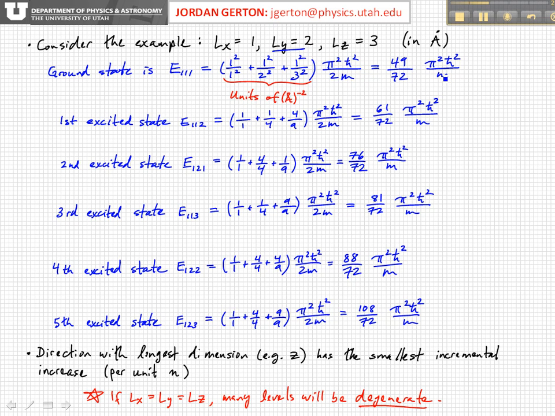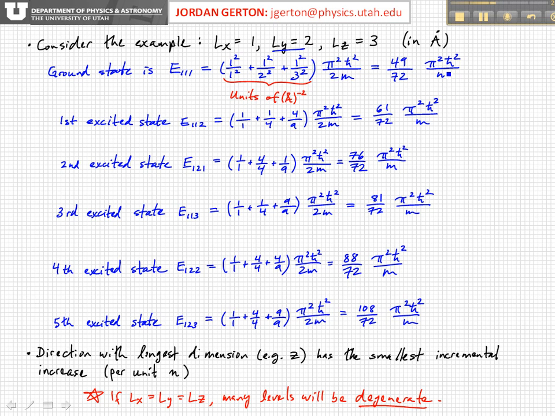Okay, it's not obvious which will be the first excited state, because since we have different dimensions for Lx, Ly, and Lz for the sides of the box, it's not as easy to predict what the next value is.